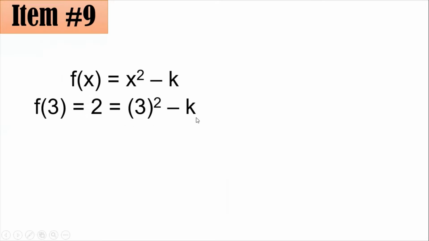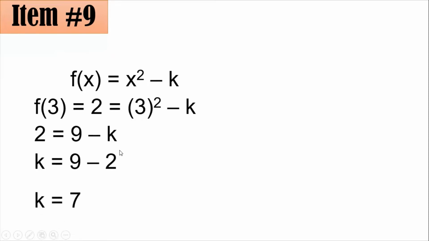That simplifies to 2 equals 3 squared, or 9, minus k. Then I added k to both sides, so this minus k became plus k on the left, and this 2 became minus 2 on the right. That's why k equals 9 minus 2, and that gives you k equals 7.